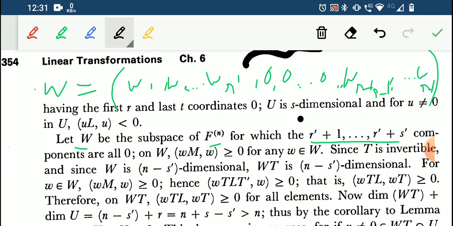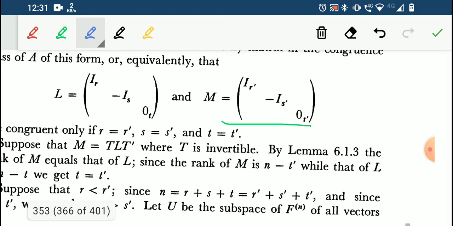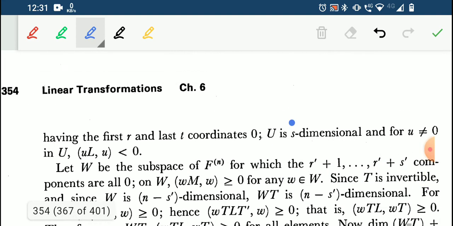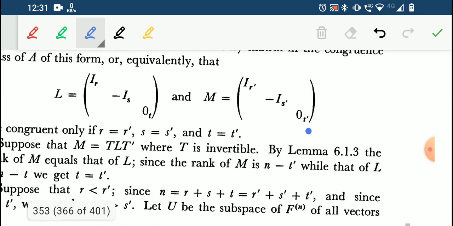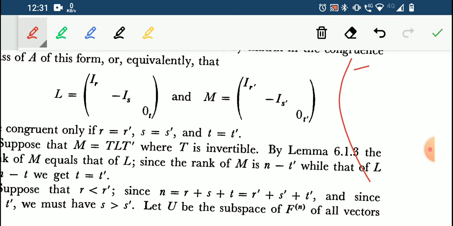So what will be W into M? I have to multiply this vector W into M here. Since the middle elements are 0, when you multiply, the first elements are there, then zeros, then once again these elements.